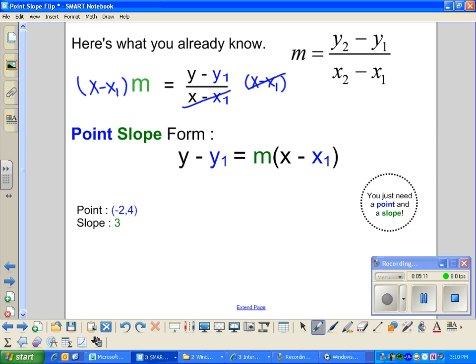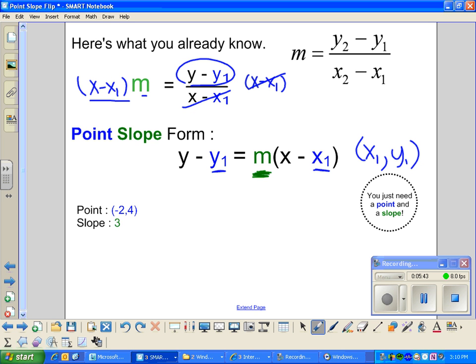And I would be left with the point slope formula, which is y minus y sub 1 equals m times x minus x sub 1. Just look at it for a second. And what I want you to see from here is that this value here represents the slope. And these two values here, your x sub 1 and your y sub 1, actually represent that point on the line.